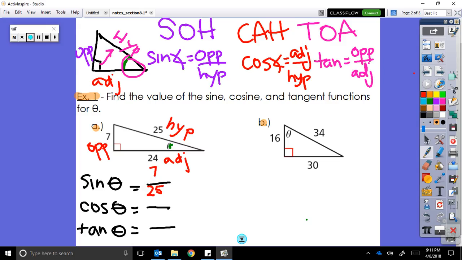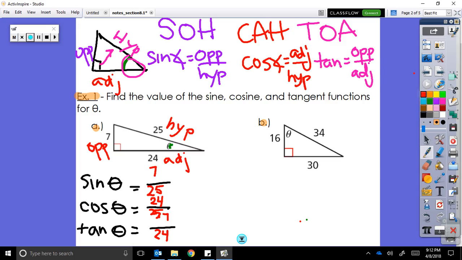Okay, now we always want to make sure that this fraction cannot be reduced, and it cannot. My cosine is adjacent, which is 24 over 25. And then the last one I have is tangent, which is opposite over adjacent, or 7 over 24. Okay?